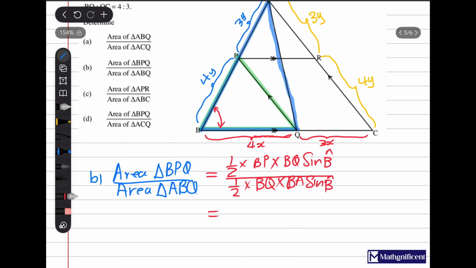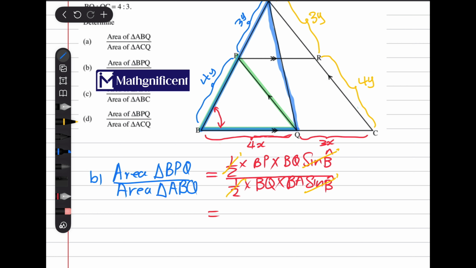Then what are we going to have here? Let's have a look. We know that half and half give us 1. Then sine B and sine B give us 1 as well. Then there's something happening particularly for this question: we are having BQ over BQ.